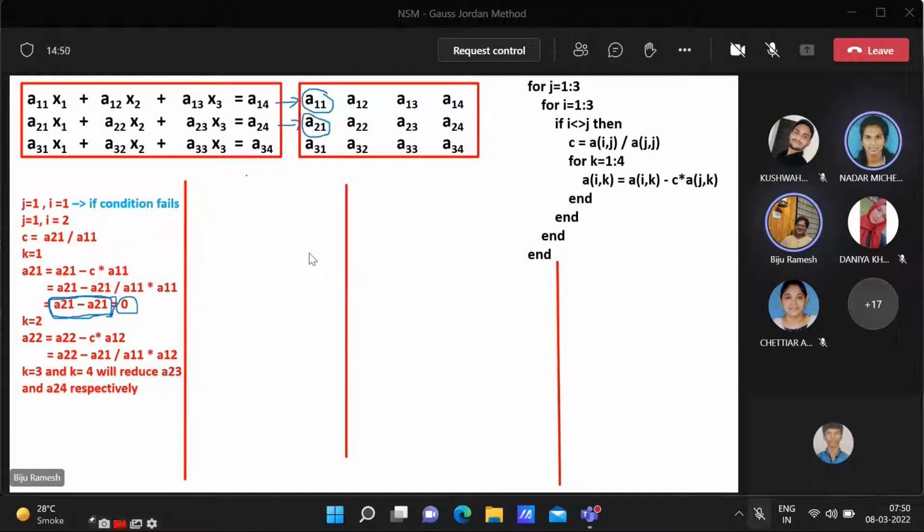Yes, ma'am, the diagonal elements you will convert to 1.